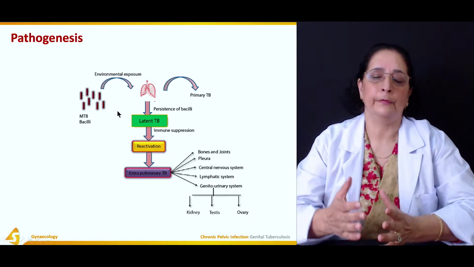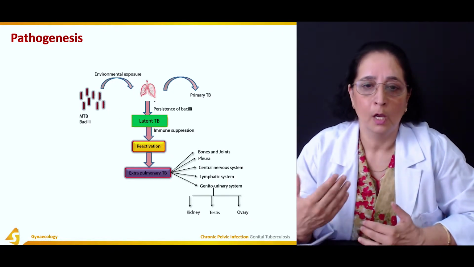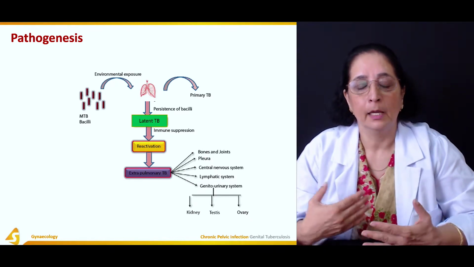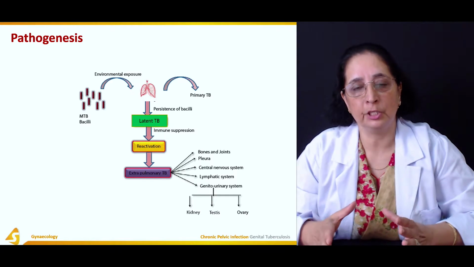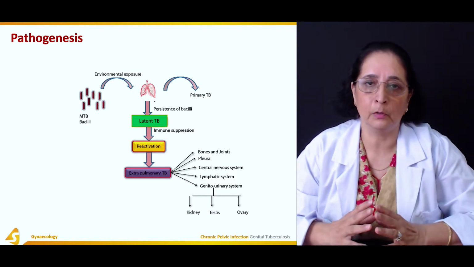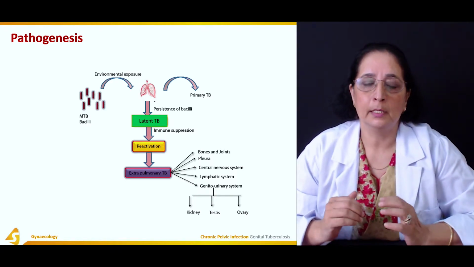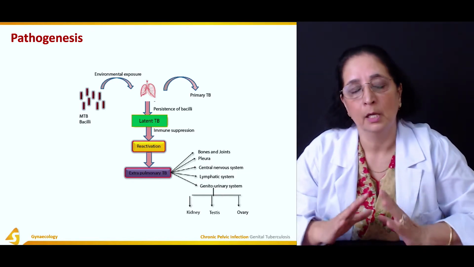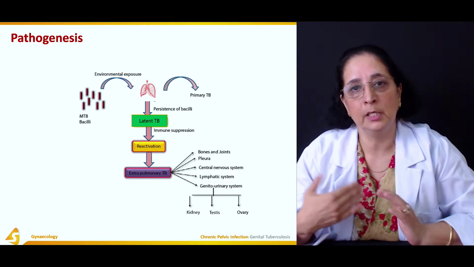The spread of tuberculosis is through environmental exposure, through breathing. So isolation of the patient, especially if there is a tuberculosis patient in the house, is important. During cough, it's important to cover the mouth because it spreads through the air.